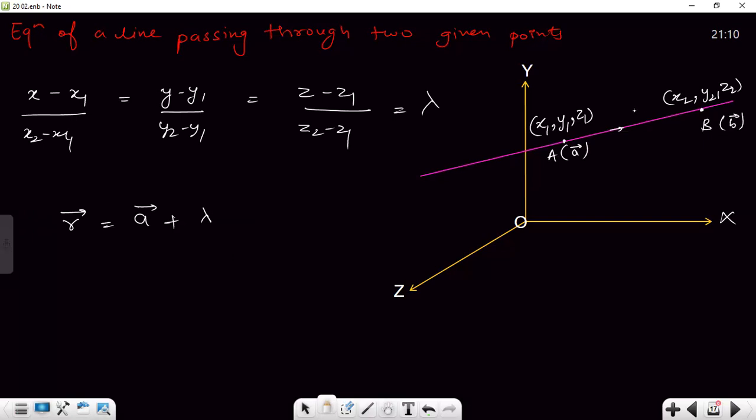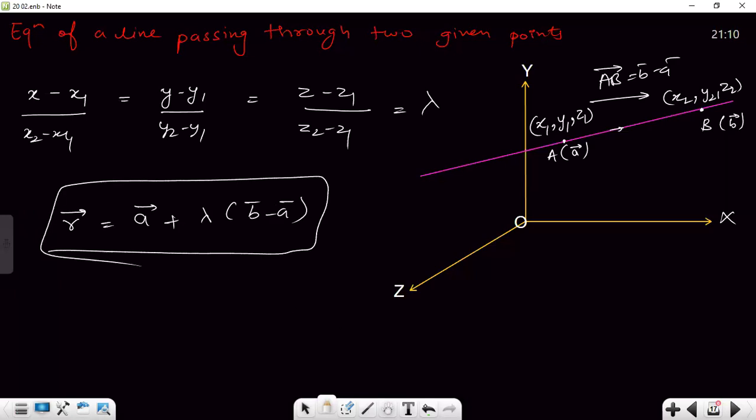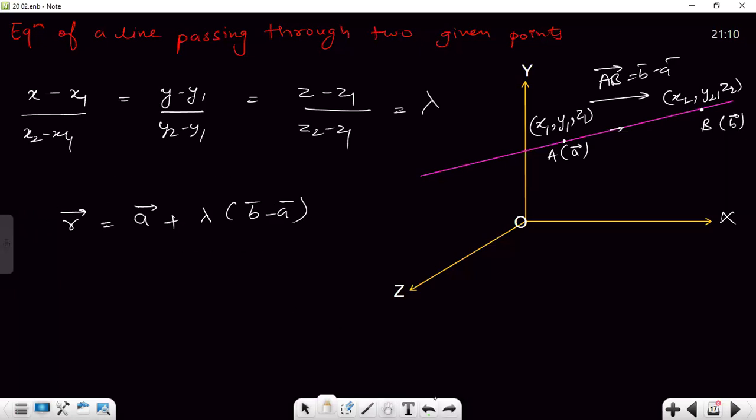So the vector that will give us the direction is this AB vector, which is simply b minus a. So r equals a plus lambda into b minus a, which is the simple equation of a straight line in vector form.